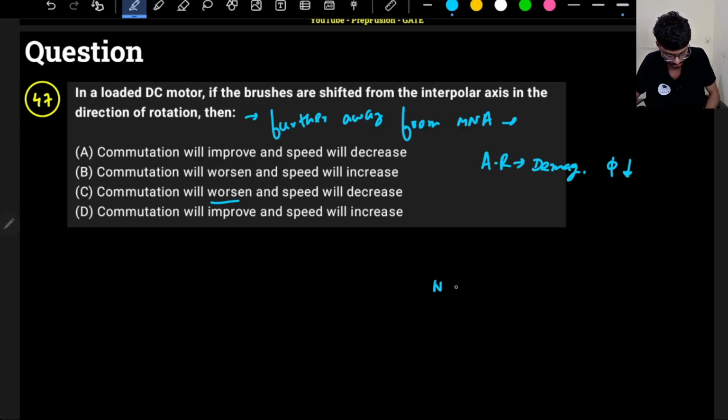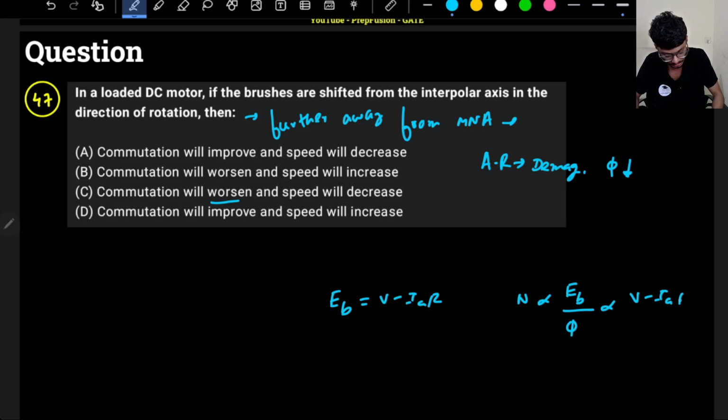Speed is proportional to the back EMF divided by the flux, where Eb equals V minus IaRa. Assuming IaRa is not changing, this is for a motor. This we have already derived. The numerator is constant, divided by flux. So if flux reduces, the speed will increase. So if I shift the brush from the interpolar axis towards the direction of rotation, speed will further increase.